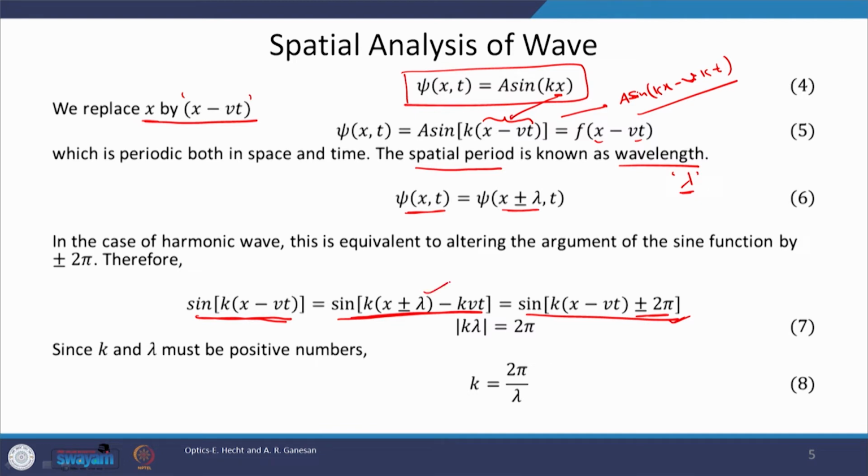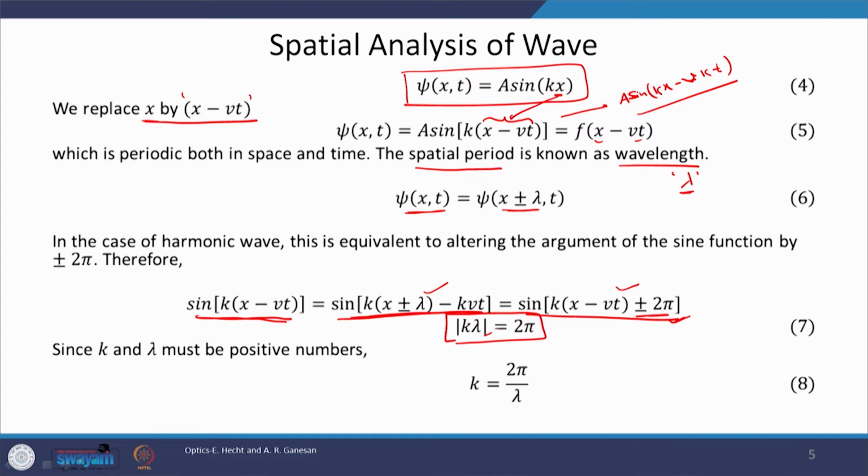Now, if you compare the arguments of the two, then we will find that mod of k lambda is equal to 2 pi. What is lambda? Lambda is a spatial period which has the dimension of length and will of course be a positive quantity. What is k? K is a parameter which has the dimension of 1 by length, inverse of a length, therefore it would also be a positive quantity.